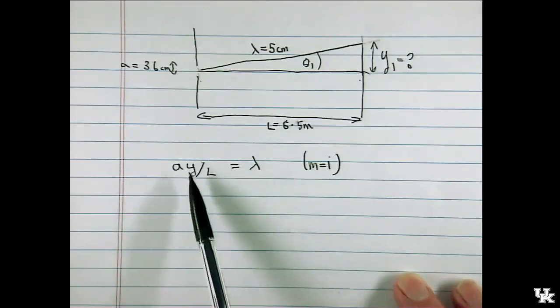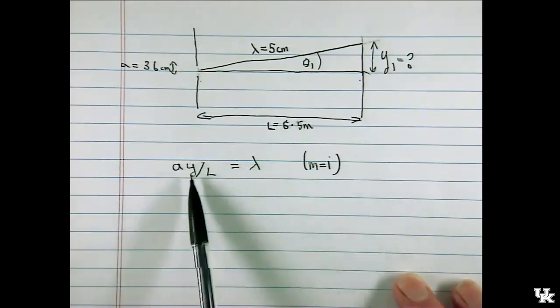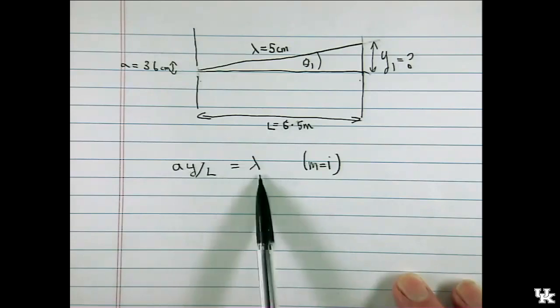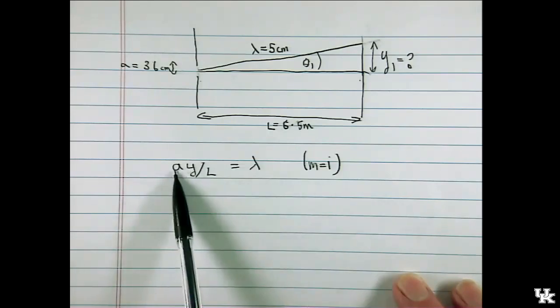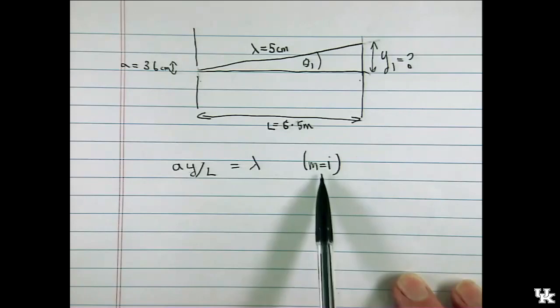This is the equation that describes the position of the dark fringes, y, on the screen, when you shine a certain wavelength on an aperture with a certain width, a, and the screen has a certain distance from the aperture, L. I've filled in that I'm thinking about the first order dark fringe, so m equals 1.